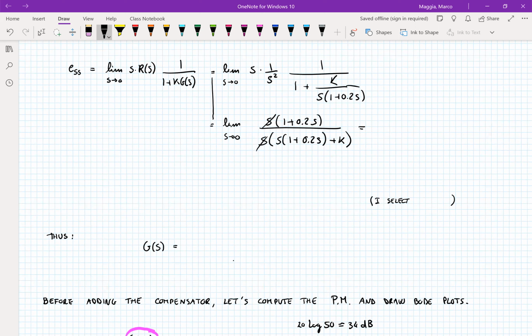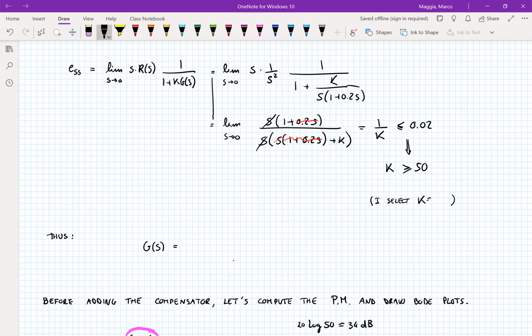So if s goes to 0, then this goes to 0, this goes to 0. So we have 1 over K. And so we want this to be less or equal to 0.02. In other words, K has to be greater or equal to 50.